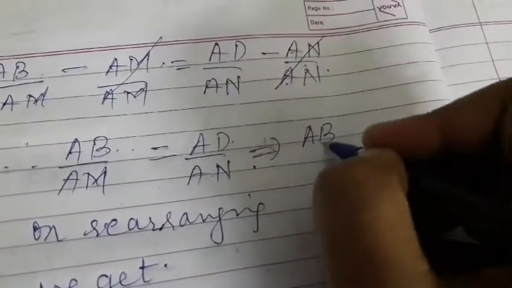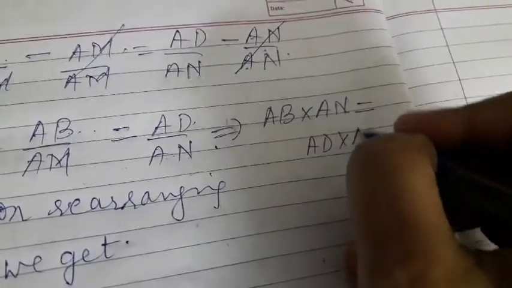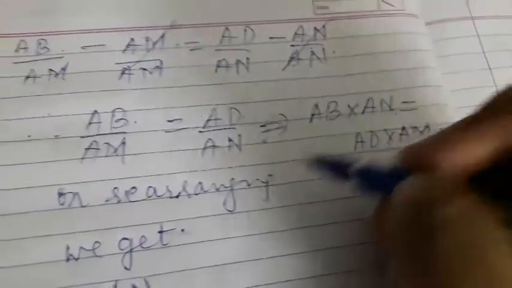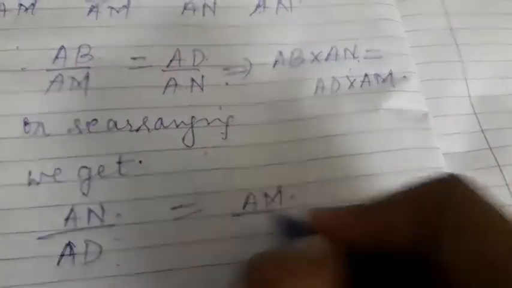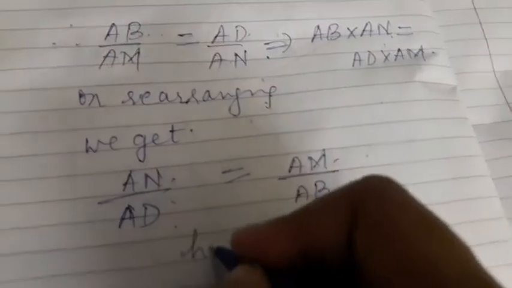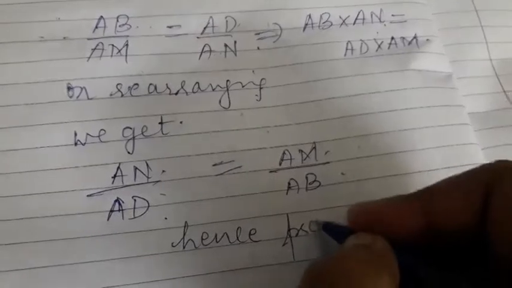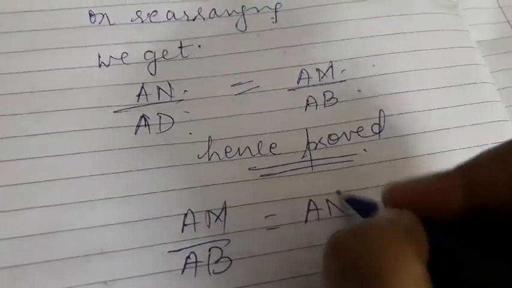See, AB into AN is equal to AD into AM, right? So after this we arrange and we get AN upon AD is equal to AM upon what? AB. So this is complete and we can now write hence proved. So AM upon AB is equal to AN upon AD.